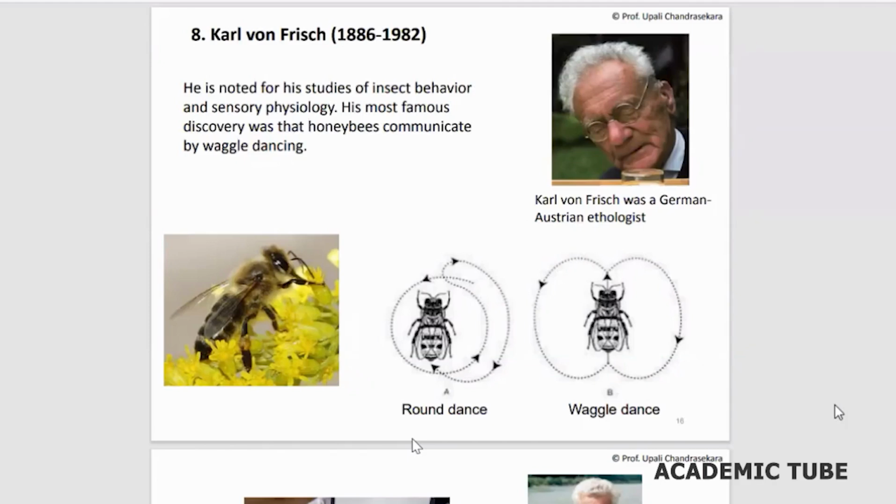And this language is their behavior, right? Now, for example, if a bee locates, upon scouting for flowers and nectar, some nearby flowers, and then he comes to the beehive and shows this round dance.